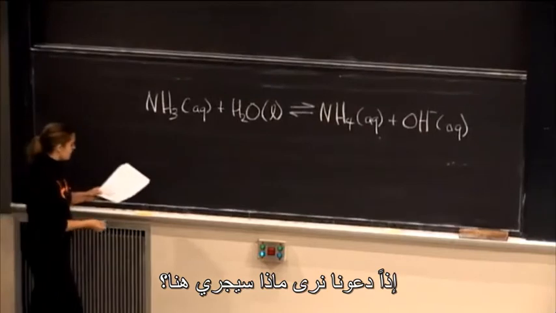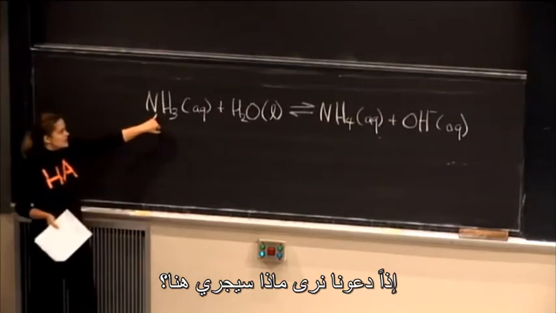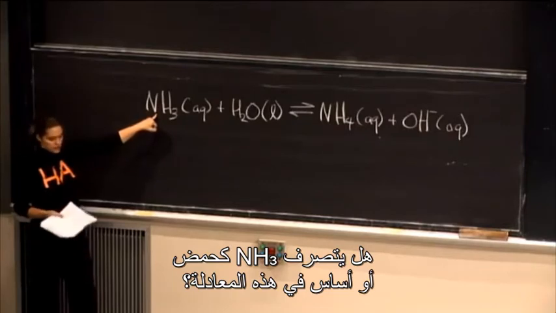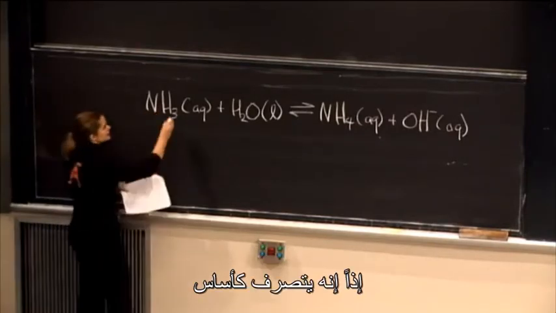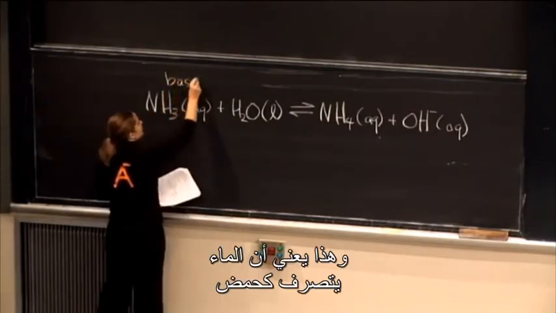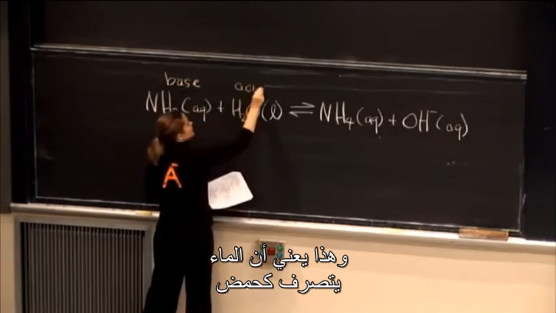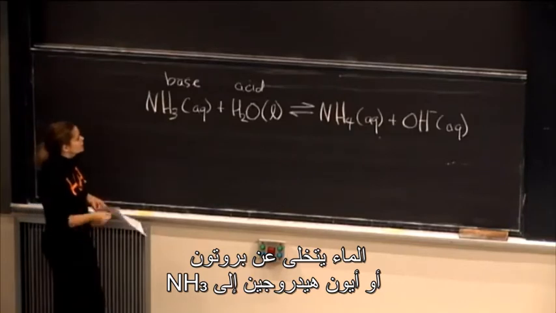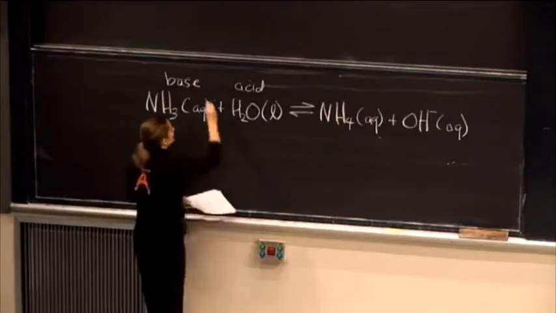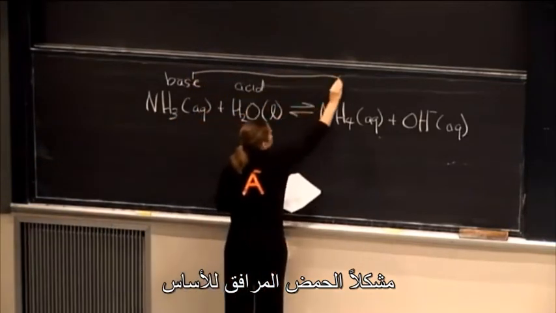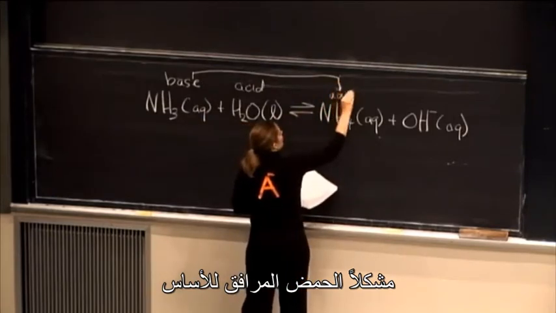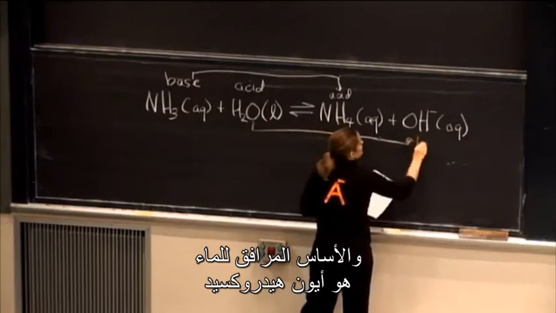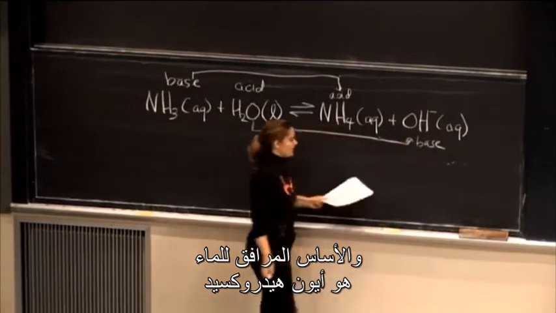First, what is NH3 acting as, an acid or a base in this equation? It's acting as a base, and that means water is acting as an acid. The water gives up a proton or hydrogen ion to the NH3, forming the conjugate acid of that base, and then the conjugate base is the hydroxide ion.